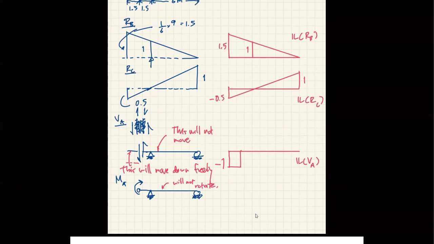Erase that a bit. My line is too long. See, you can see the right part cannot rotate, right? However, the left part with that orientation will rotate freely.